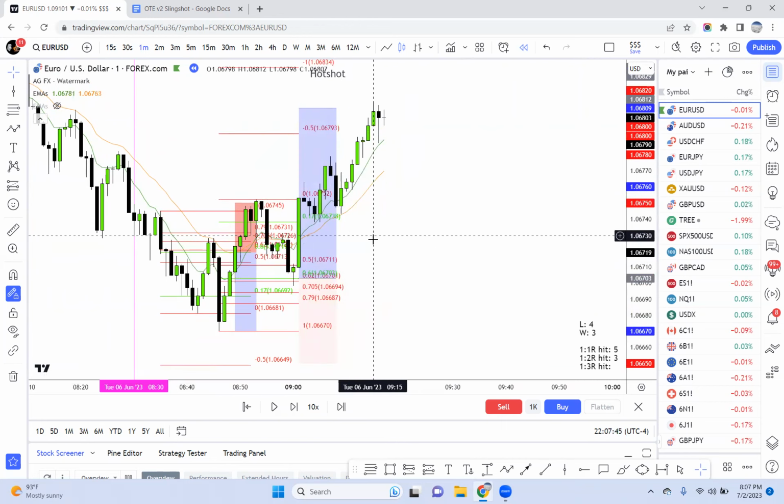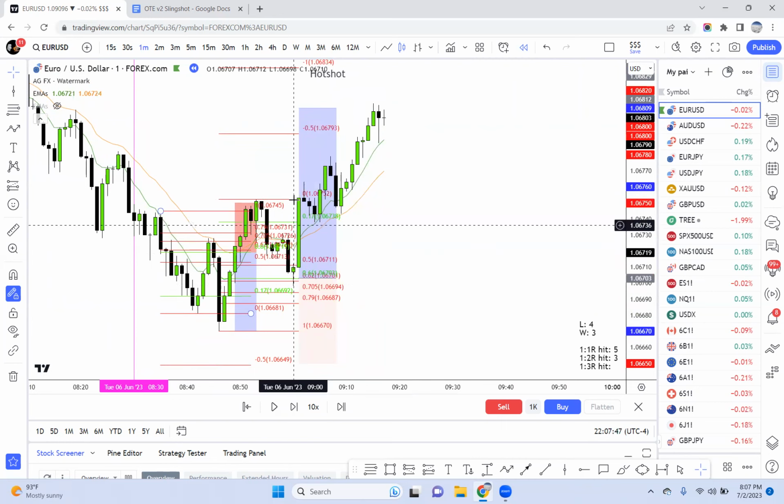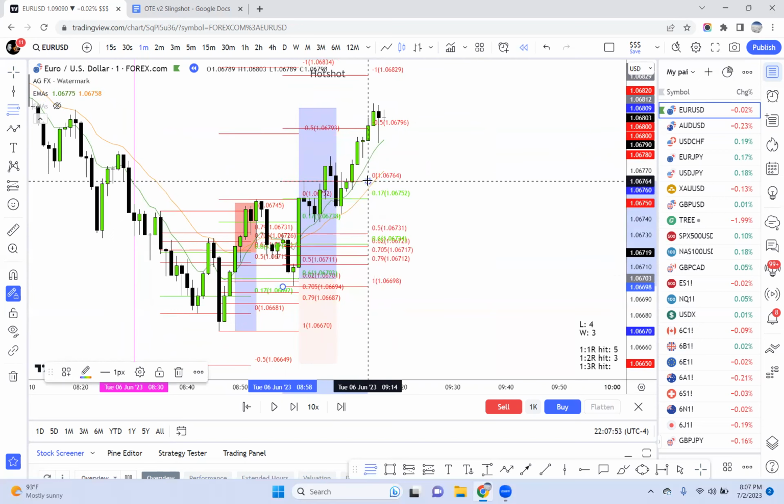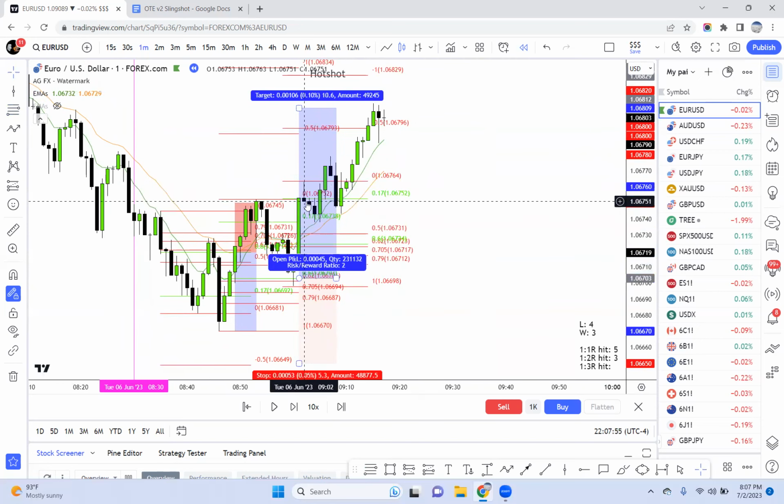All right. Now, if you notice, it expanded through, took out this high, right? Now, if you would attach your fib level from here to here, it didn't retrace, but it broke out through another high, right? At this moment, it created a swing low, expanded, broke structure, created a swing high.